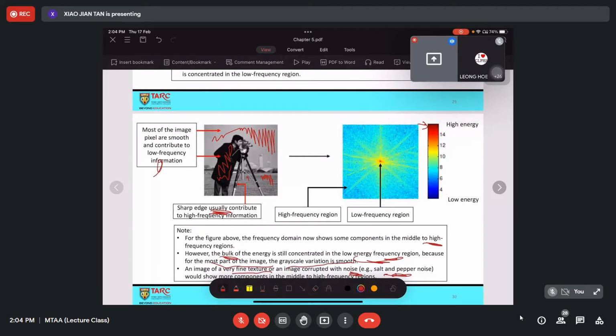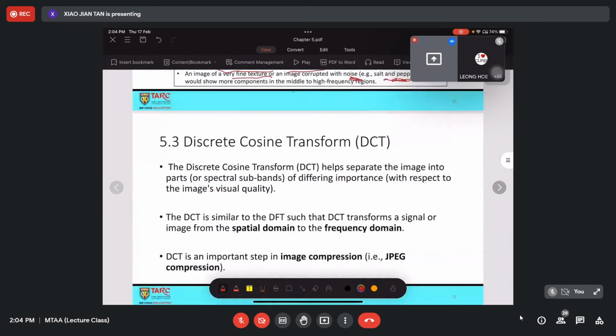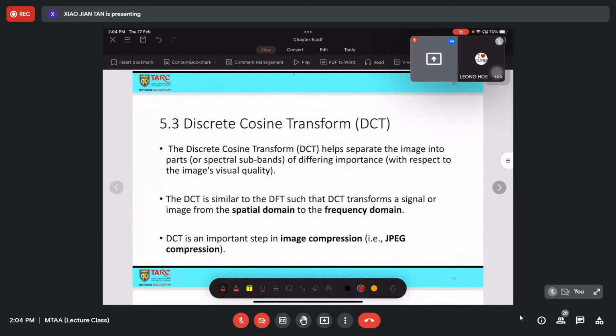Of course there is no clear cutoff point, but you can say that closer to the origin would be low frequency, this part would be high frequency, and this part would be middle frequency. You can partition it yourself, but there is no fixed cutoff point over there.